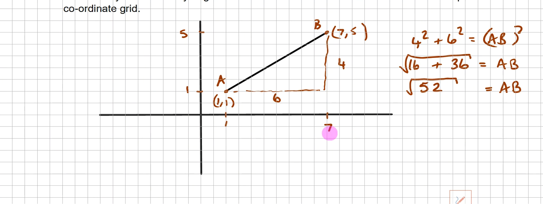But the reason is, 7 is that distance from 0. 1 is that distance. How do I find the distance between them? Subtract, right? Take that 7 and subtract the 1. I'm left with 6. That's what you do, right?